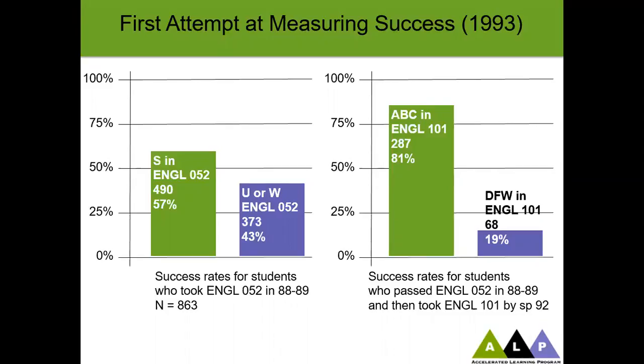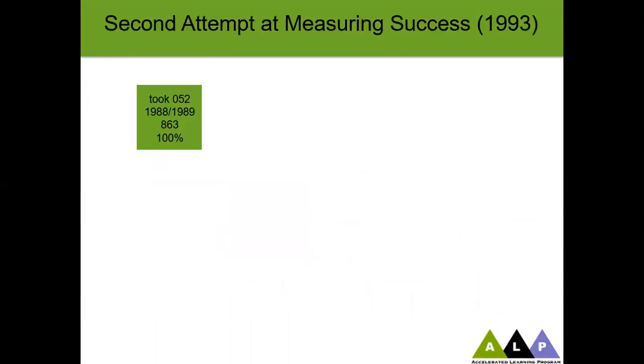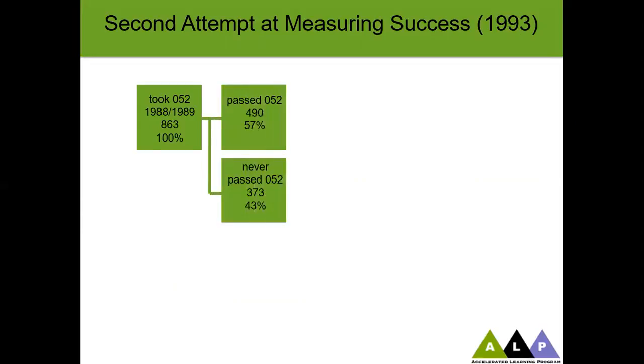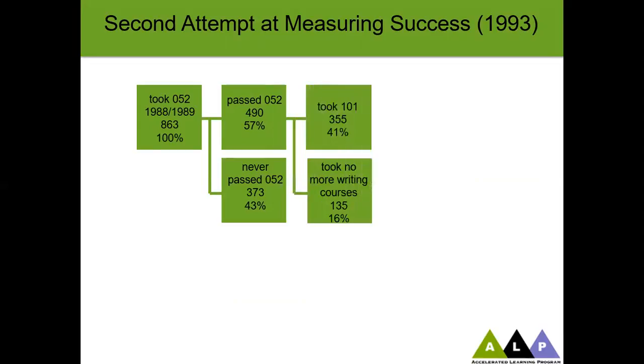It sent us to take the same database, the same 863 students, and analyze the data in a very different way. So here's that analysis. Same 863 students. They all took English 052, our developmental writing course, and the same 57% passed, the same 43% didn't pass. And now, here's the new information we got.